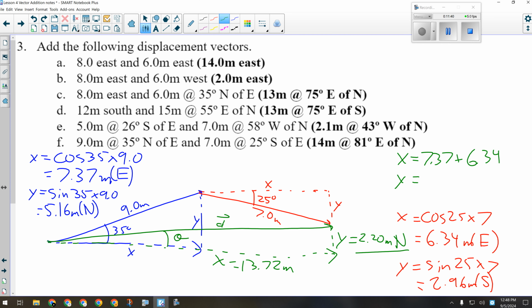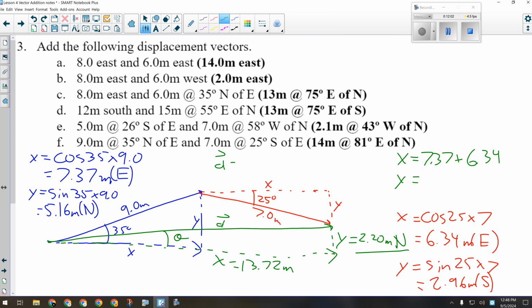Displacement? Yeah, find the total displacement using the Pythagorean theorem. I've got the two sides of the green triangle. There's nothing saying I can't get the displacement, that big green solid line, right?